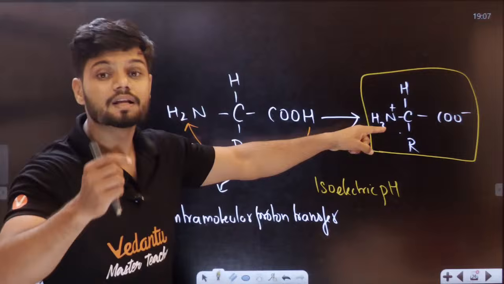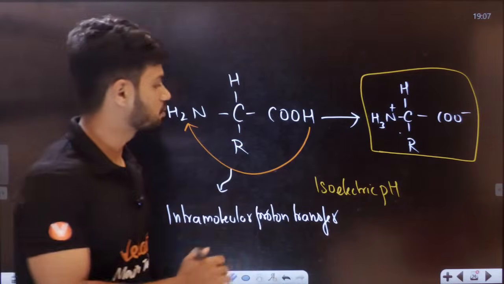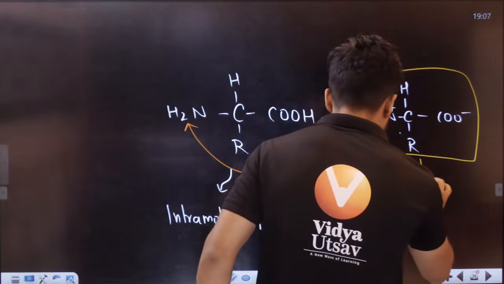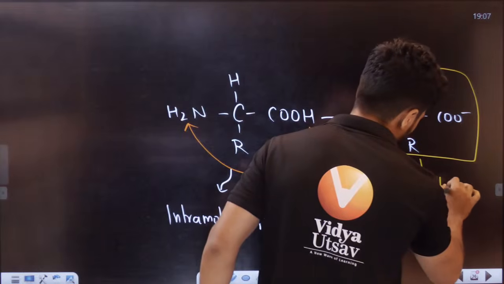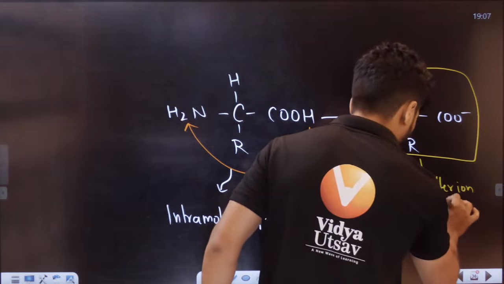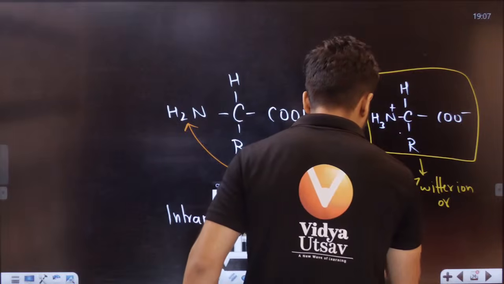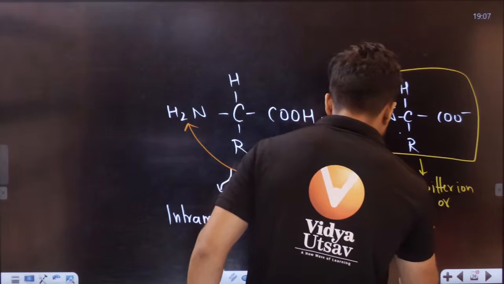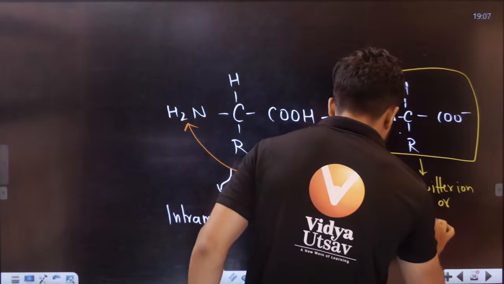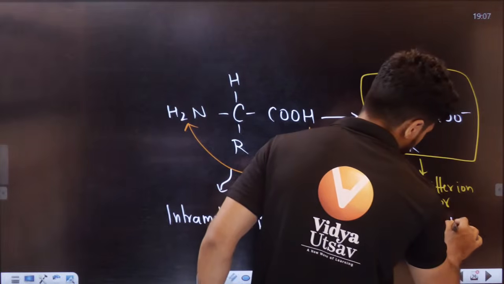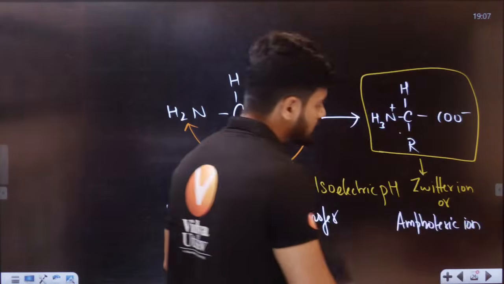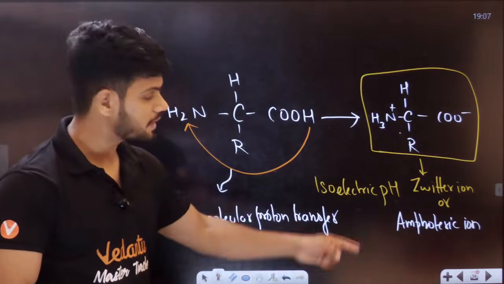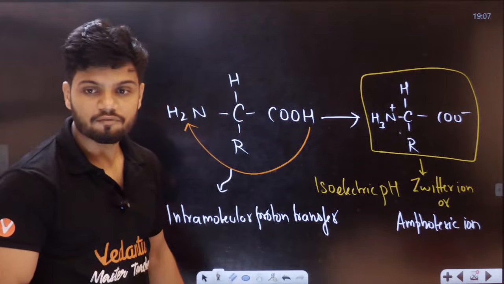It is called Zwitterion, or it can be called amphoteric ion. Amphoteric ion, students. It is called Zwitterion or amphoteric ion.